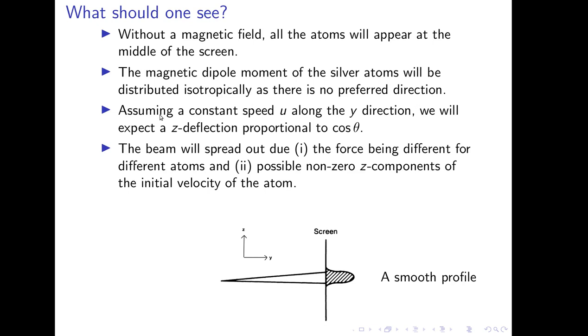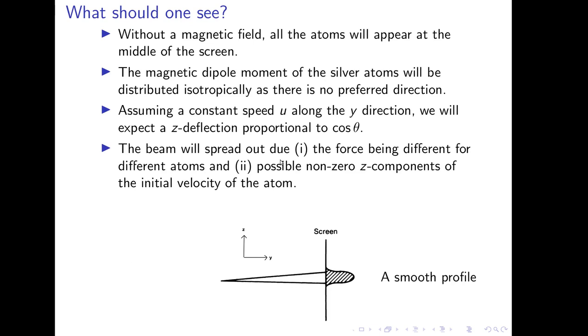Let's assume there is some directionality given by the fact that the atoms come from one direction, which we'll call the y direction. Let's assume they are of constant speed u. We can handle the case when there are fluctuations in this number, but for simplicity let's assume a constant speed u in the y direction, and we will expect a deflection in the z direction proportional to cosine theta. You can work out the details of how this would happen.